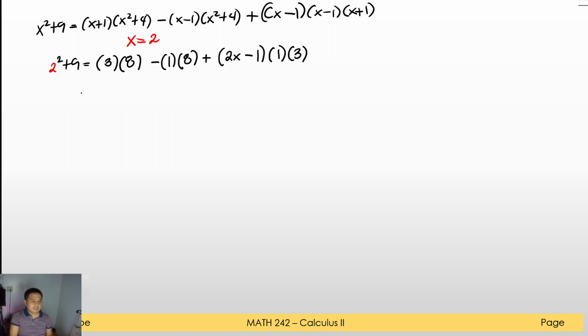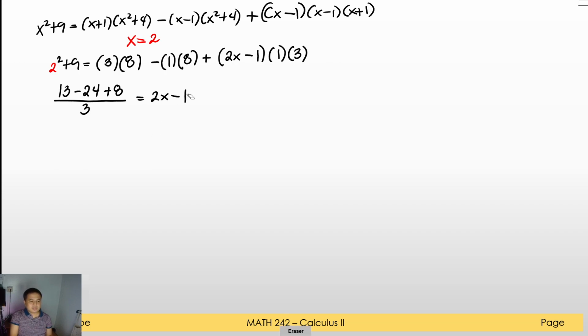Okay, simplifying this. So you have here the left hand side, you have 13. Transpose this to the other side, so 3 times 8, so negative 24. And then plus 8. And then divide this by 3 is equal to 2x minus 1.